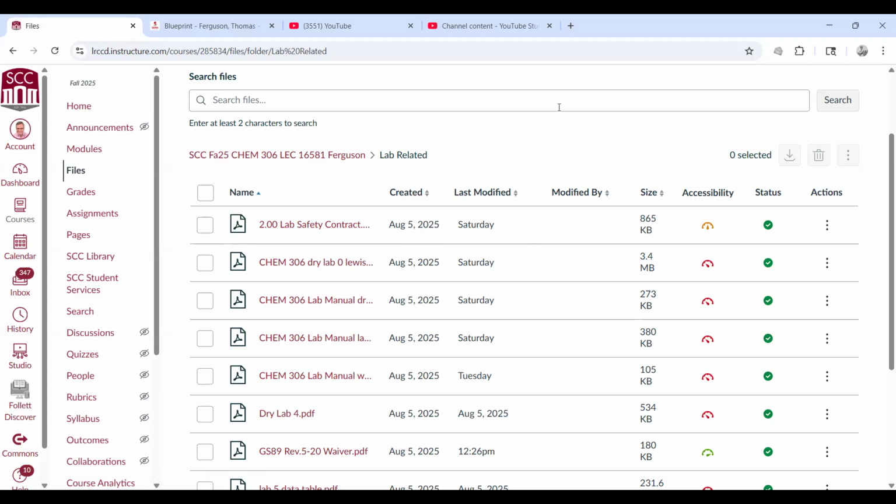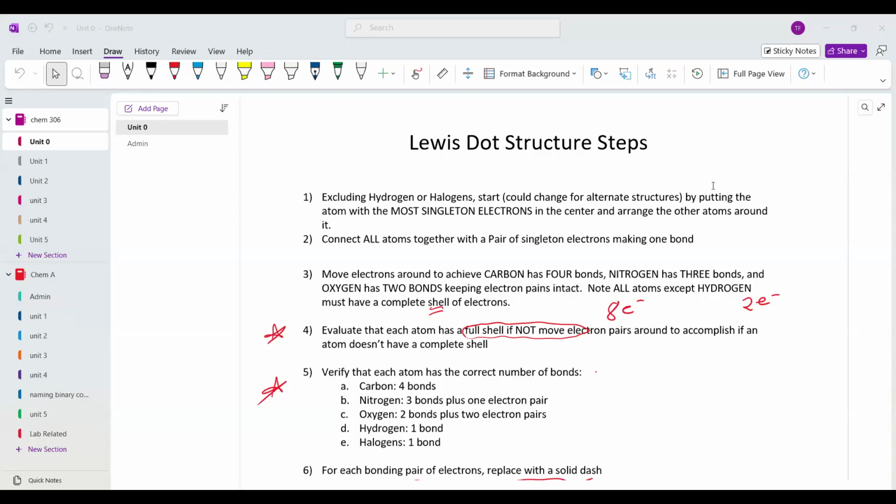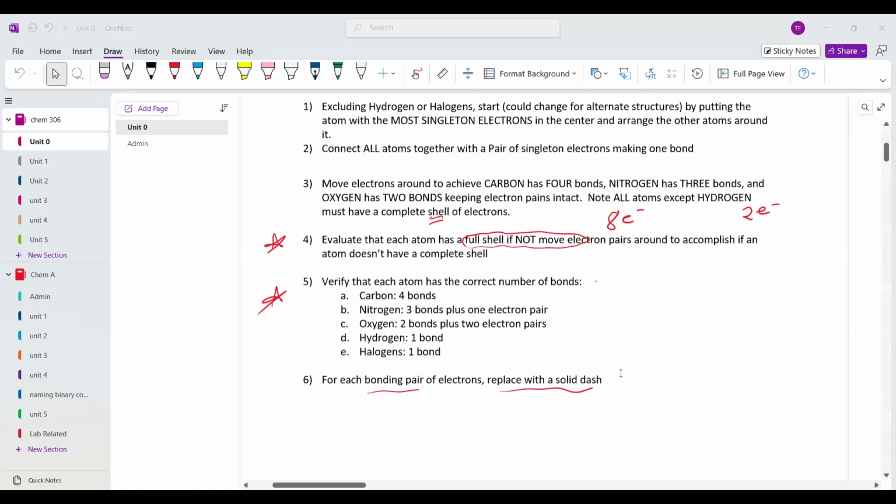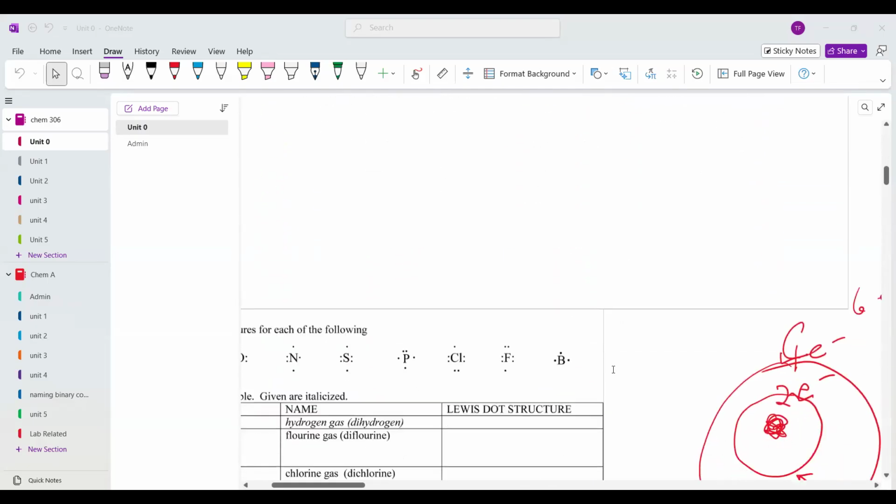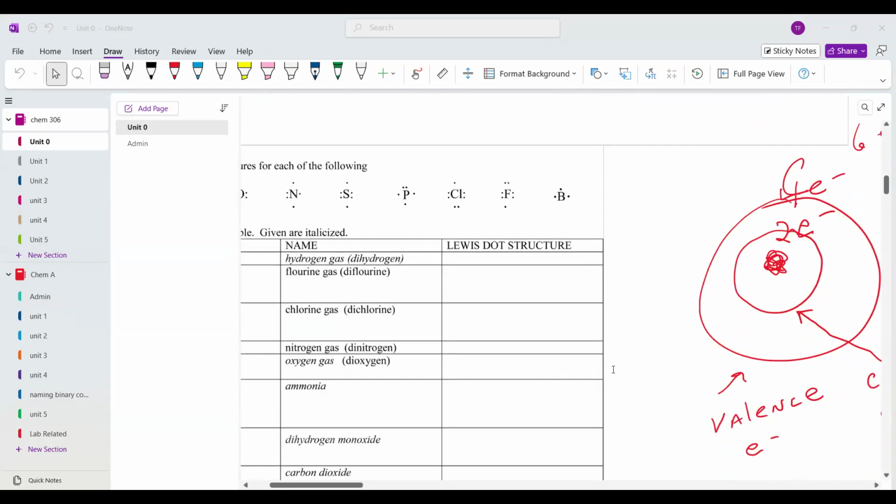Okay, so I was saying before, you're going to be doing a ton of structures in this class. And you need to be able to draw them. Now we're going to be doing them two different ways.